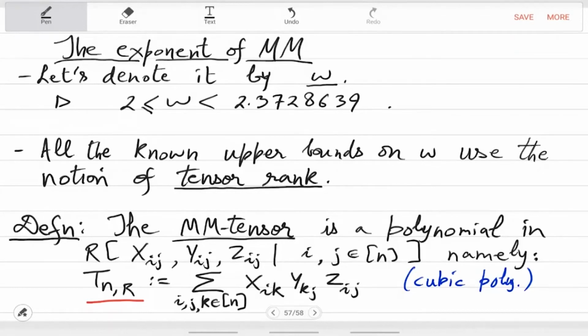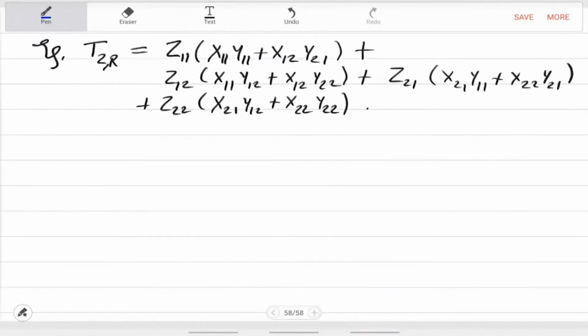Yes, it is a cubic polynomial in 3n square variables. So for 2 by 2 matrices, you can see that there are 12 variables, 3 times 2 square, and you have cubic monomials in x, y, z, and you have 8 of these monomials.